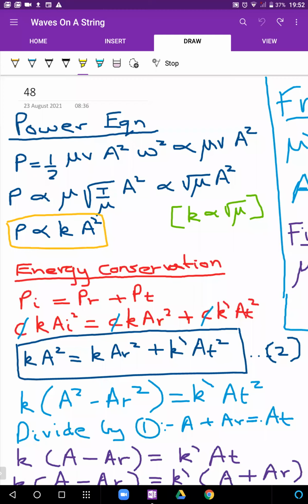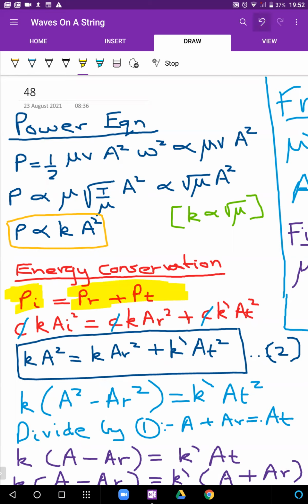Okay, so you can just work that out and remember this ki power is proportional to k times amplitude square, as it's going from one string to another, because tension and omega are constants. Now energy conservation tells ki incident power is reflected power plus transmitted power.